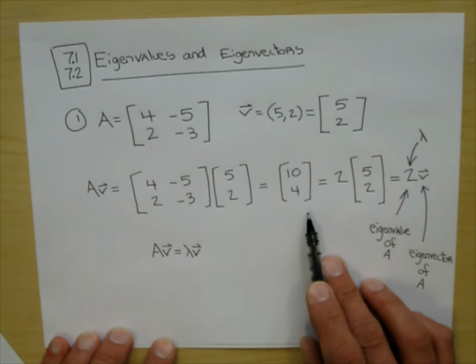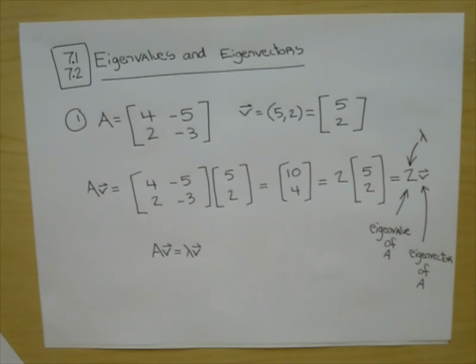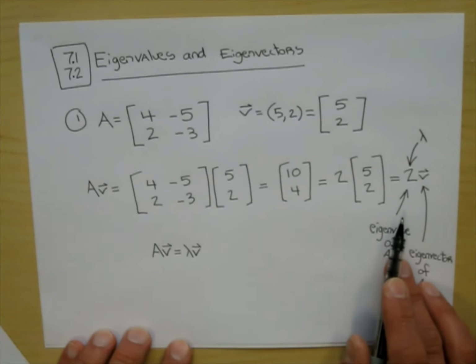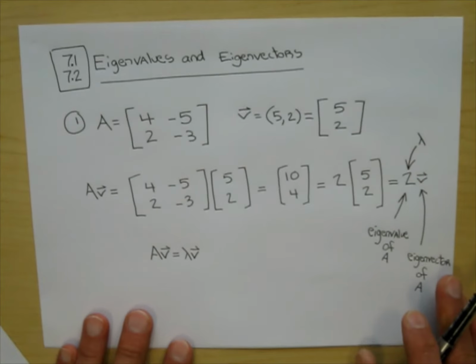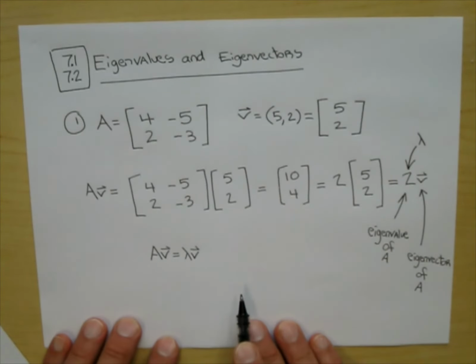And that's another way of characterizing eigenvalues and eigenvectors. The important thing to realize is that they come in pairs. They only exist for square matrices. And the question that we are going to address is, can we find all eigenvalue eigenvector pairs for a square matrix?